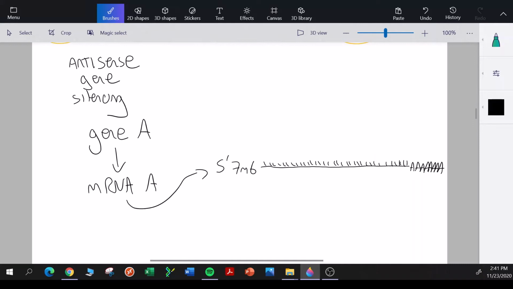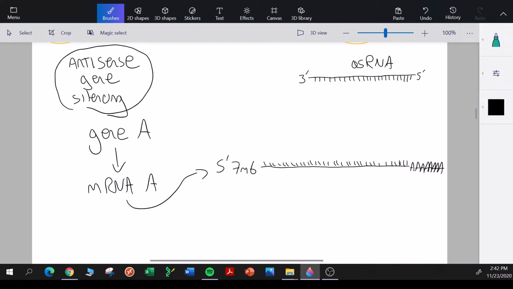Now, what antisense gene silencing is: there were researchers who thought, what would happen if we took an antisense RNA? So we made an antisense (AS) RNA molecule that was complementary to the messenger RNA of gene A. So it can hybridize to it.